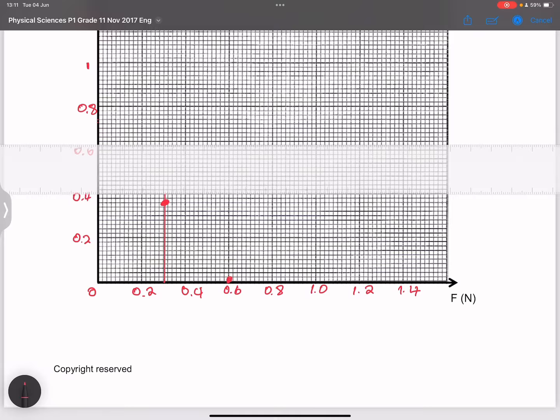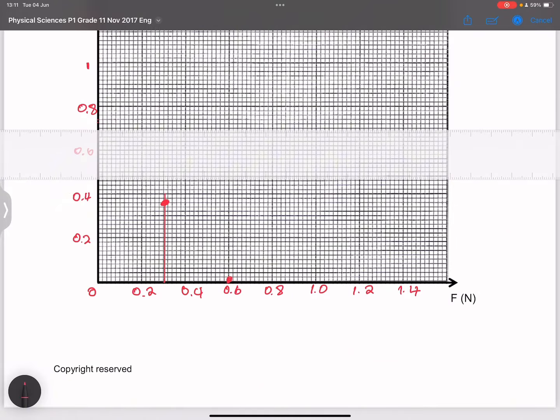Okay, so that's 2, 4, 6, 8, 10. So that's 0.7 over there. Now note, we want 0.73. So this would be 0.72. So right in the middle there, you've got 0.73. So this should be the value over here.